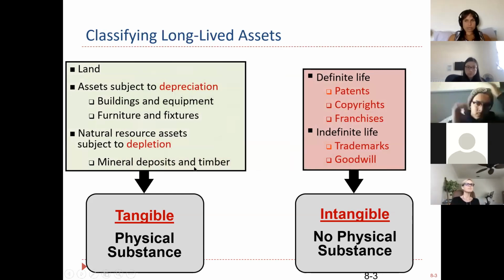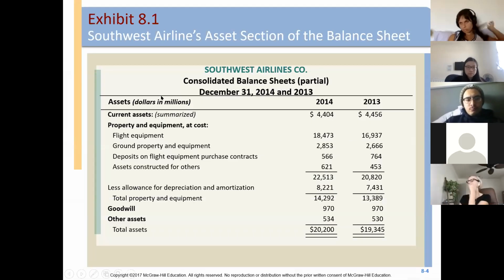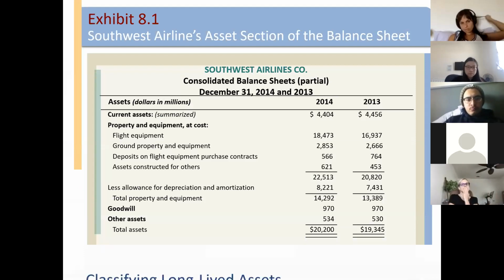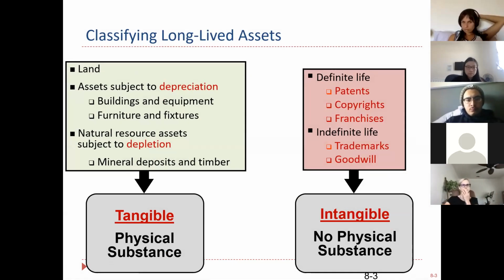Long-lived assets, land, and all these things are subject to depreciation. I'm going to back up a little bit. Assets, we depreciate. You depreciate assets, you amortize intangibles, and you deplete natural resources.